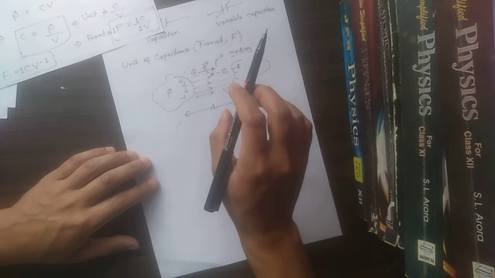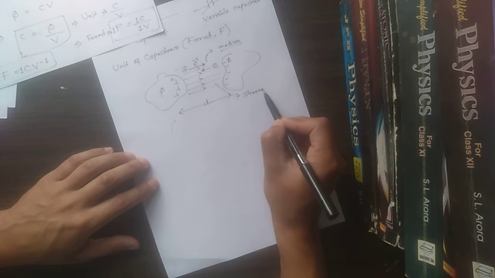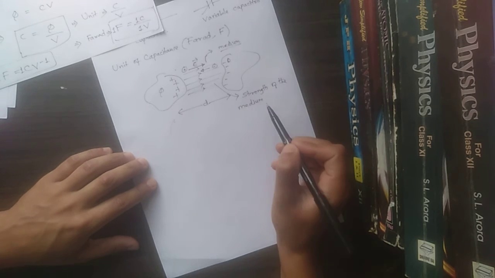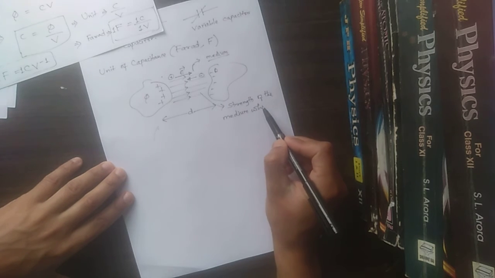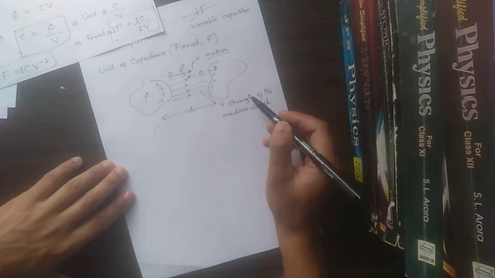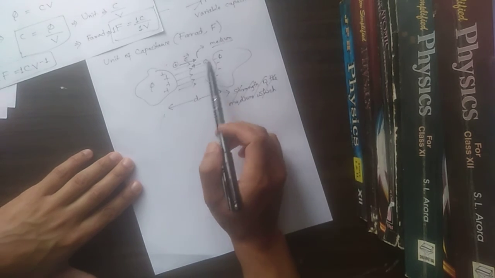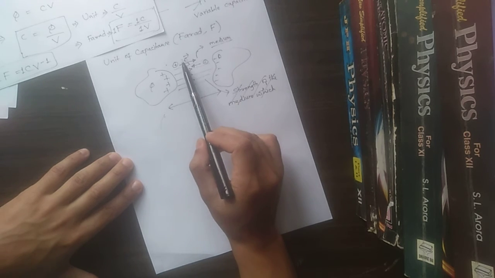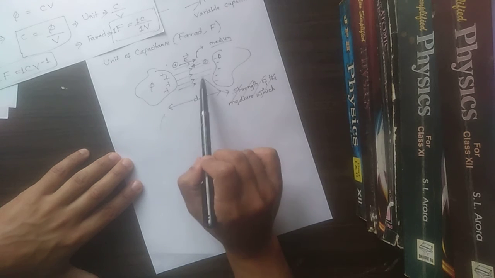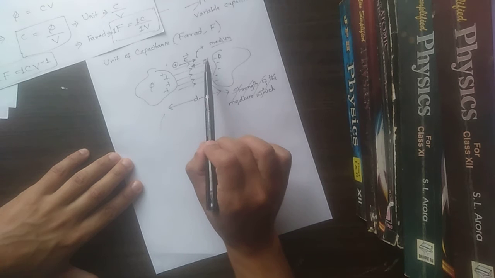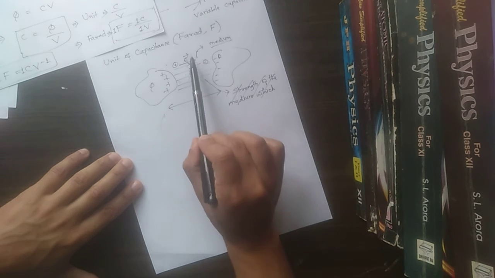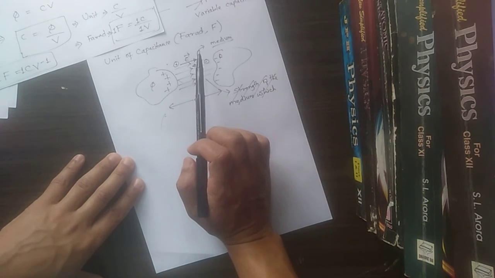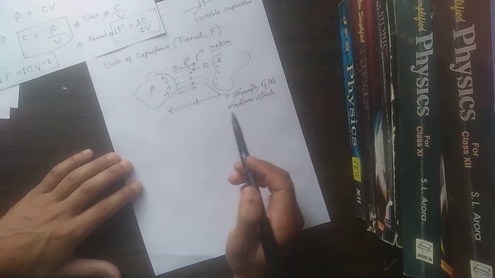So the maximum electric field this medium between the two conductors can persist, because this electric field tries to break down this medium by separating the two charges, is known as its dielectric strength.